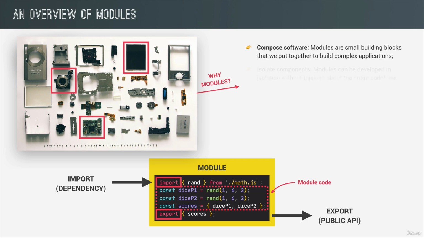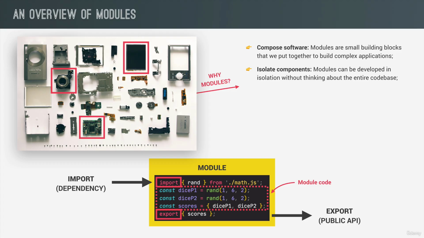And so, isolating components is another huge advantage of using modules. And again, isolating components essentially means that each module can be developed in isolation without the developer having to think about the entire code base. He doesn't even need to understand all of it, which makes it really easy to collaborate on a larger team.